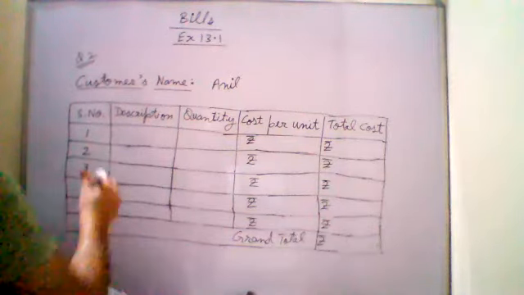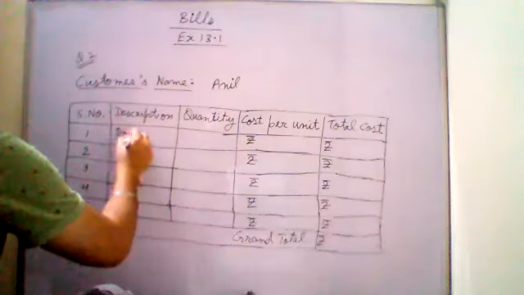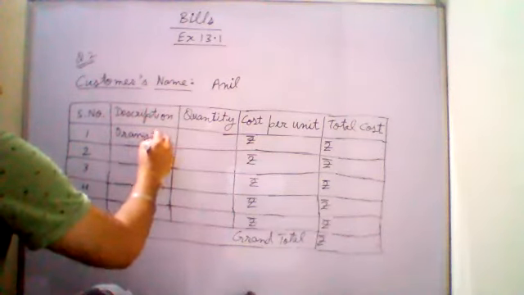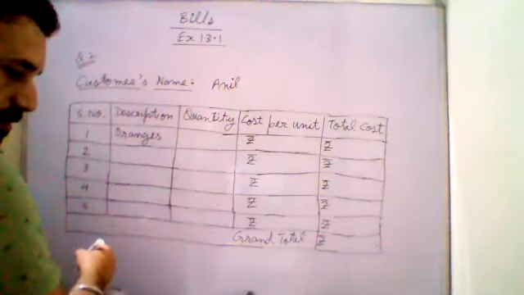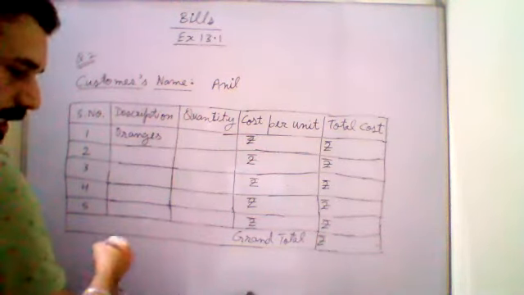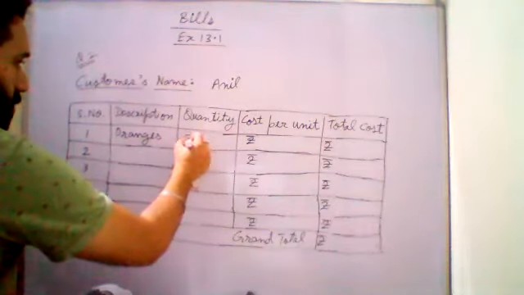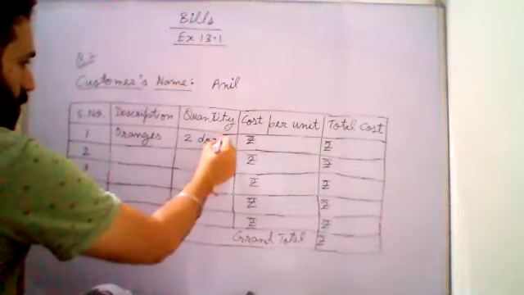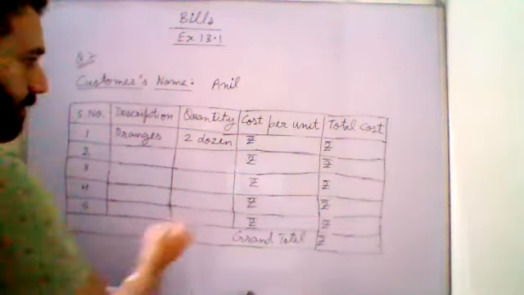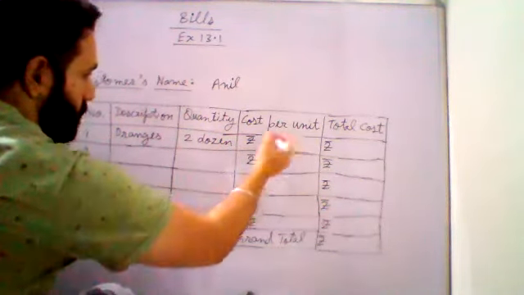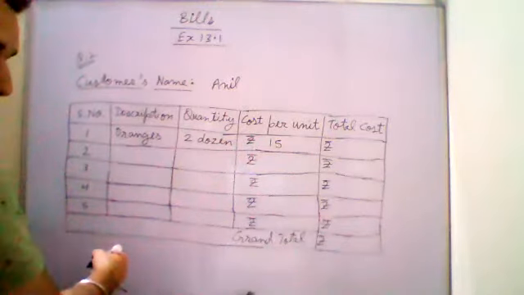So first thing is oranges. Quantity is 2 dozen, at rupees 15 per dozen.